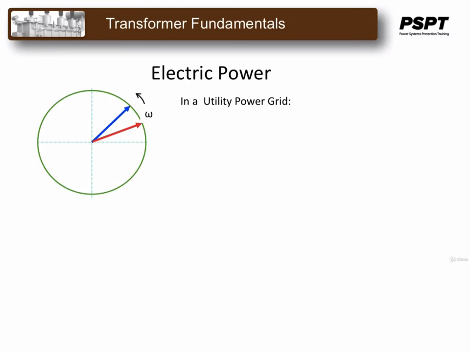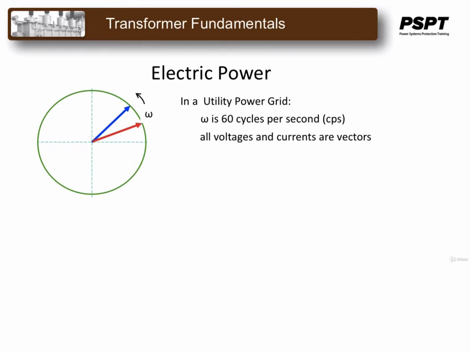In a utility power grid, the frequency is 60 cycles per second, or CPS. In some countries, such as in Europe, it is usually 50 cycles per second for the power grid there, but here in North America it's 60 cycles per second.